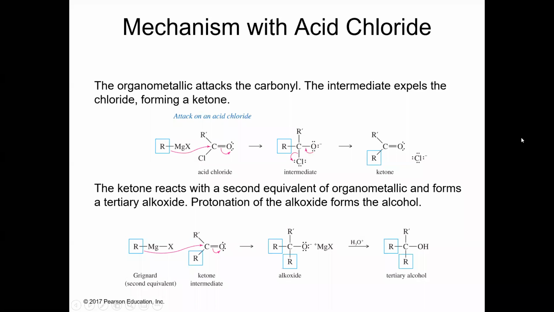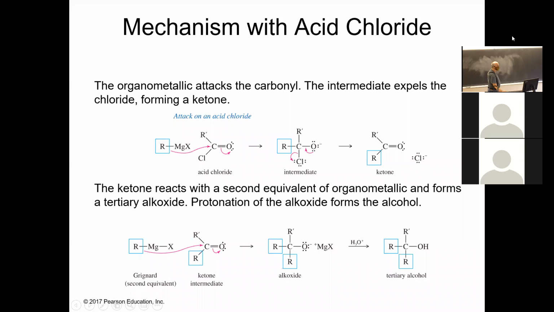Okay, the difference between aldehydes and ketones and acid chlorides and esters is that acid chlorides and esters can add 2 equivalents of Grignard. And the only difference is the leaving group.